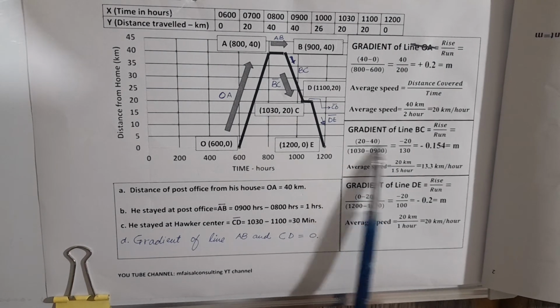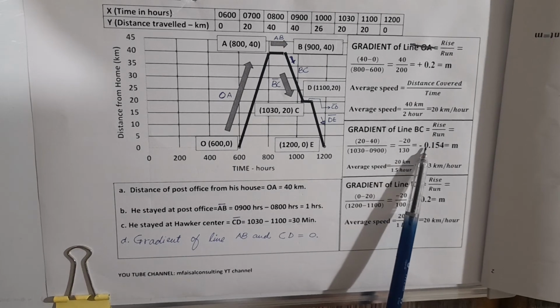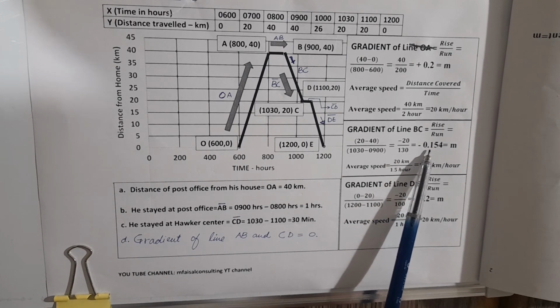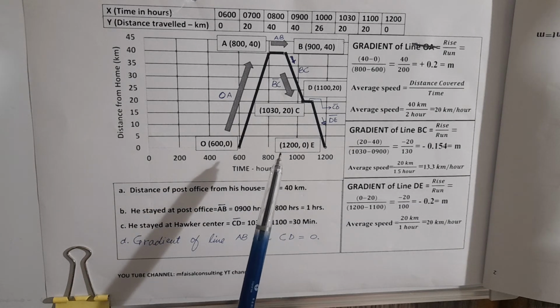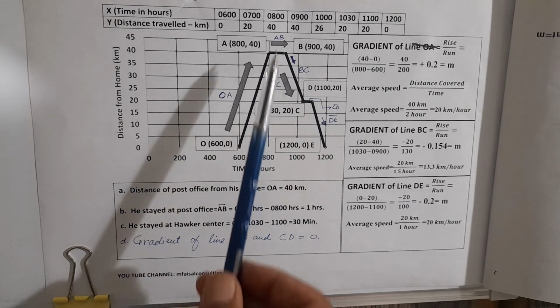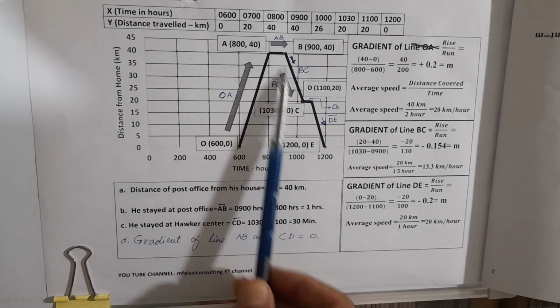So 20 minus 40 is minus 20 divided by 130. So its gradient is minus 0.154. It is evident that the line BC is sloping downwards, so its gradient is negative.